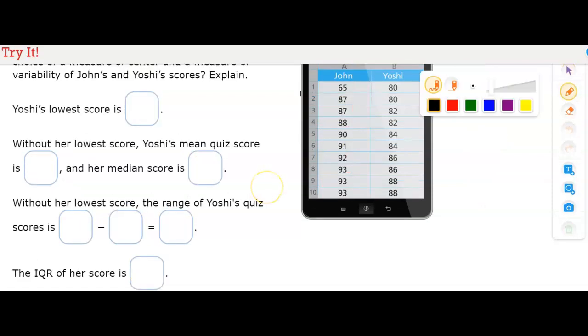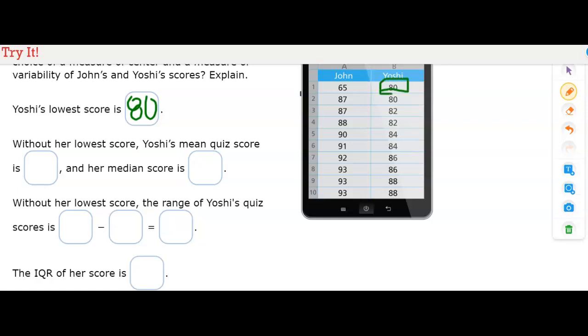Let's do Yoshi. So Yoshi, her lowest score is 80. Without her lowest score, so that means we would not use that 80, right? So now she has 9 scores. So her mean would be 84 and 4/9.